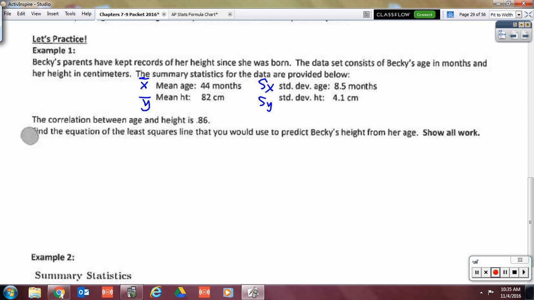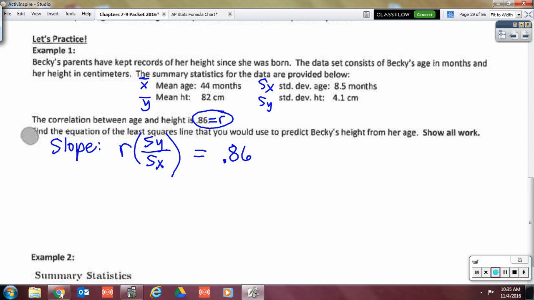So we have all of those items, and then we have that the correlation is 0.86. We're going to find the equation of that line, and the first thing we're going to do is get the slope. That of course is our correlation times the standard deviation in y over the standard deviation of x. Make sure you get that direction correct, which number goes on top.